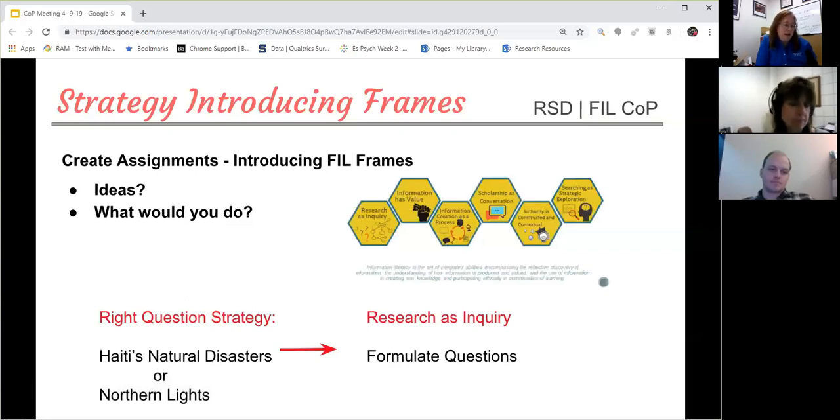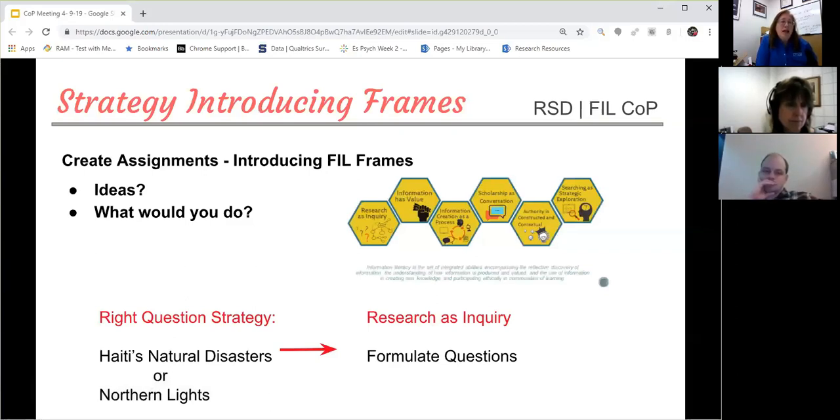So the idea behind the Make Just One Change and the right question strategy is to not give students the questions or the answers, but to come up with this theme, and then the students generate what questions they have about whatever it is you're posting.